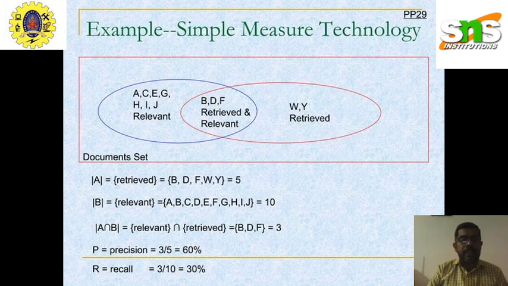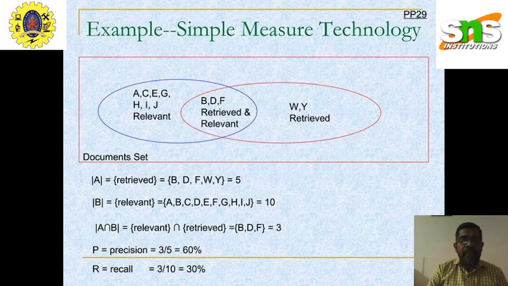So the precision is 3 divided by mod of A. Here mod of A has a total of 5 set elements. So 3 divided by 5 is 60% accuracy in the relevant and retrieval component.